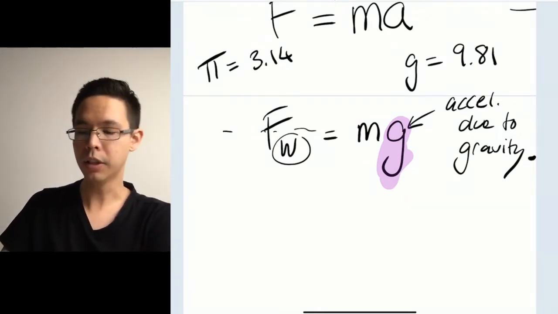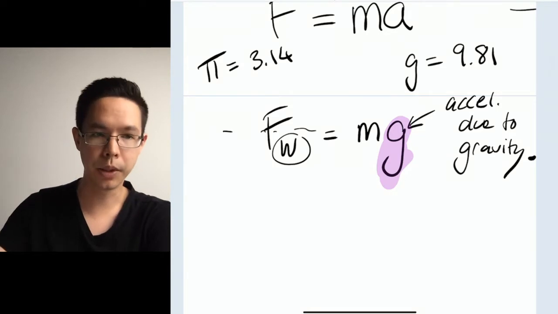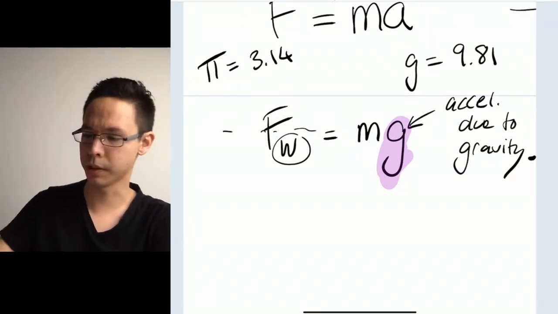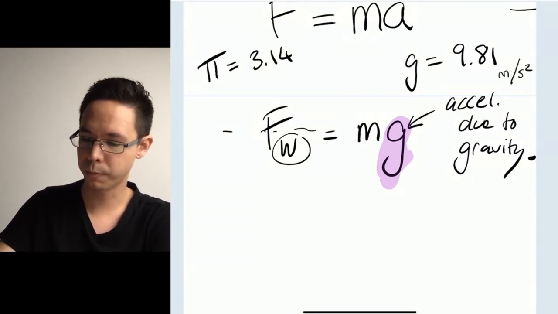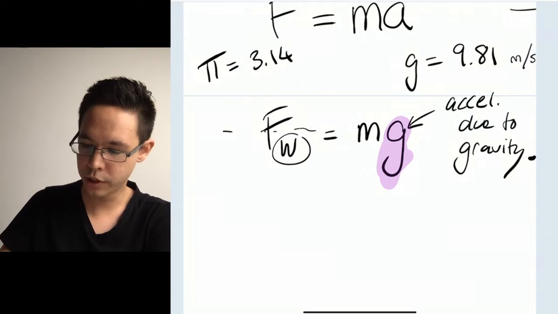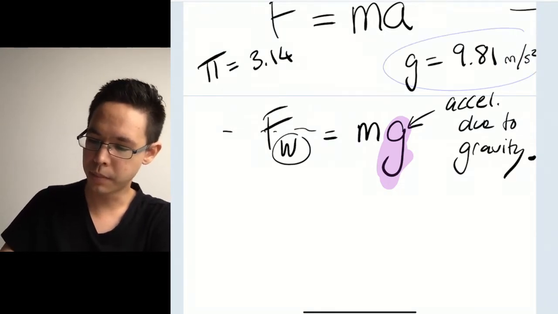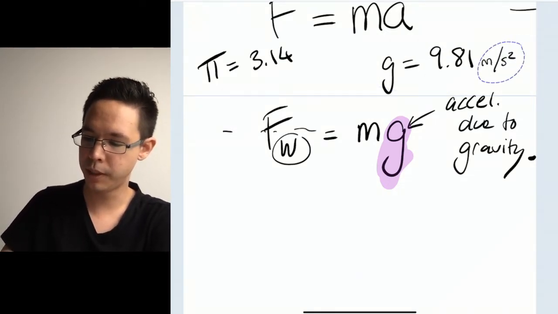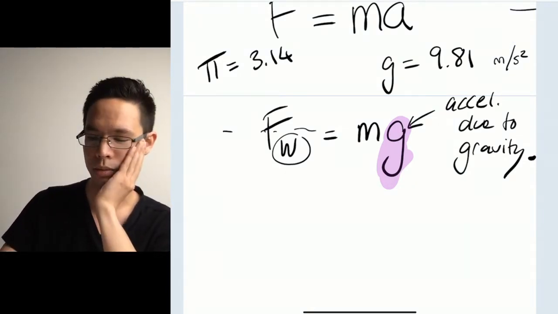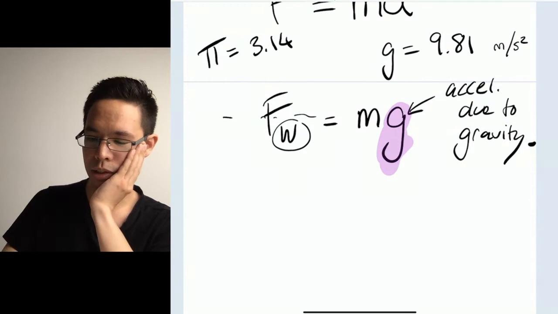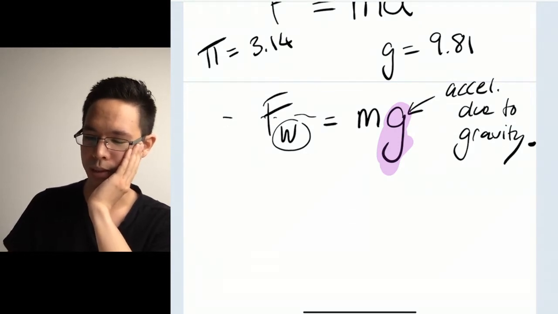It also has a unit, just like kilometers per hour or seconds or meters or grams. It has a unit of meters per second squared. That's just the unit. It doesn't mean the number is squared, it just means that the unit is squared, just that little s there. But all you need to know for the moment is that the number is 9.81.